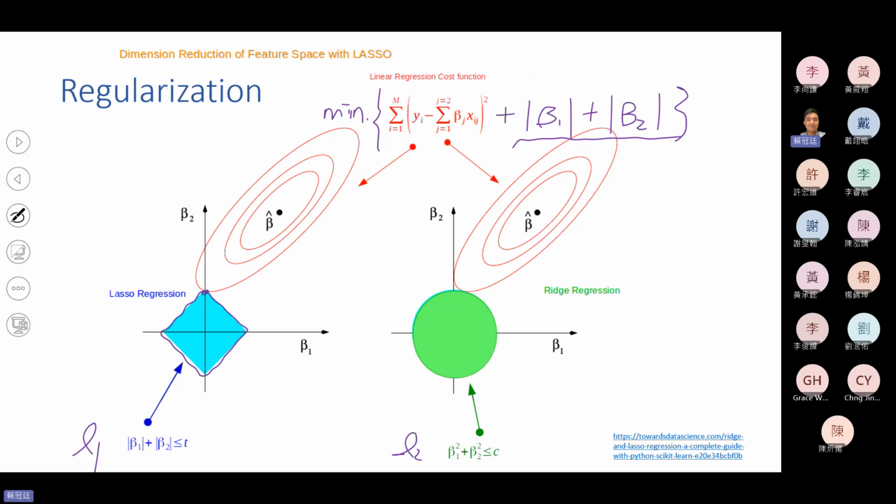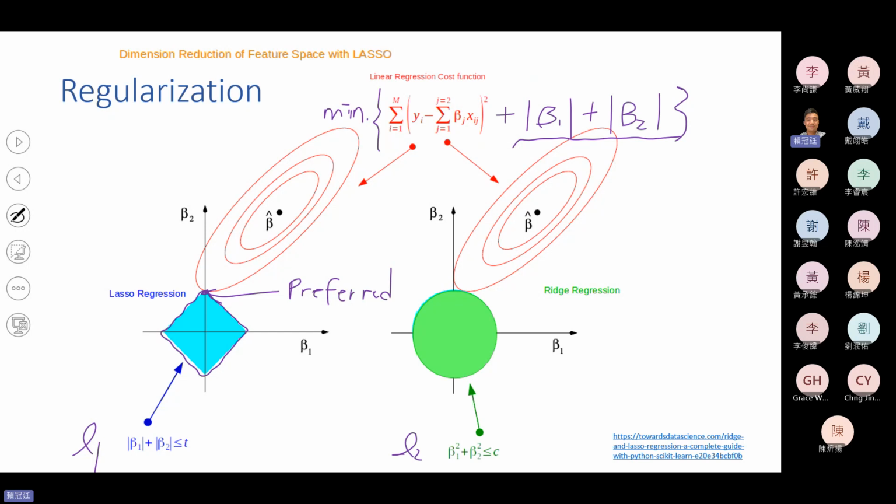So if we add the regularization term, we will prefer the intersection between our regularization area and the answer on the red circle. That means we try to minimize our cost while we try to minimize our weight.